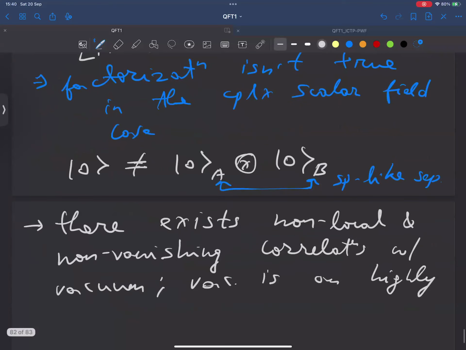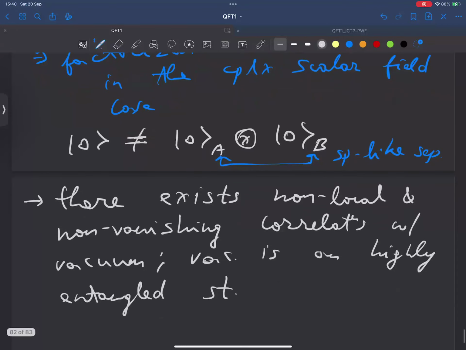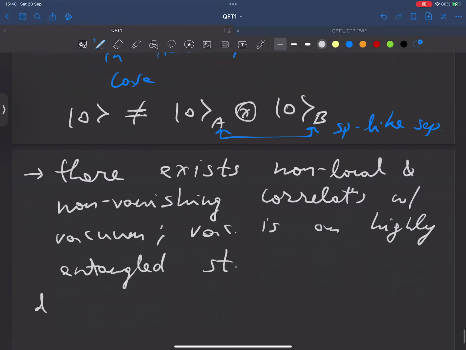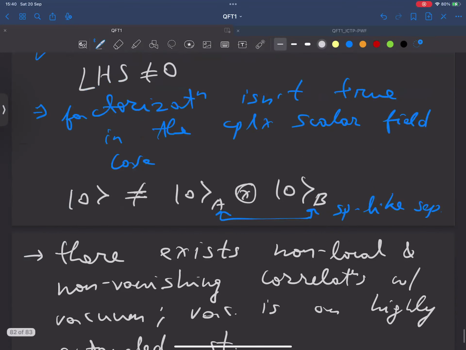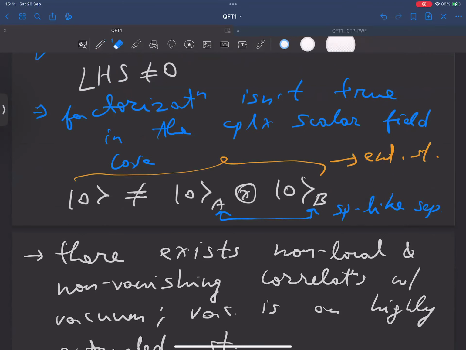Here I am using a definition which I will not go into, the definition of an entangled state. The definition of an entangled state is one that cannot be written as a product state. If something cannot be written like this, then that will be defined as an entangled state. And that's what we see.